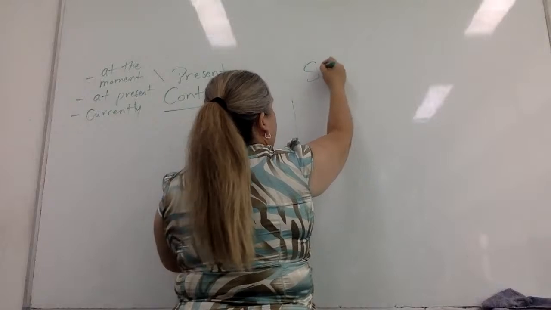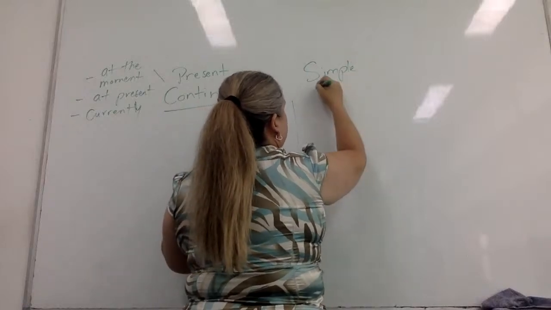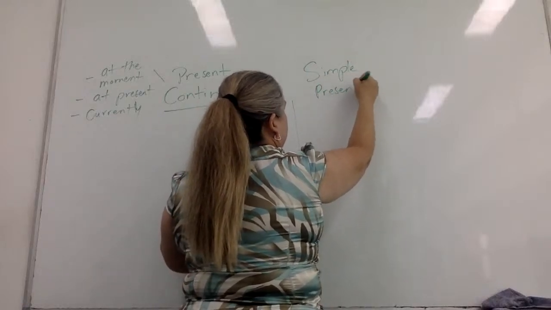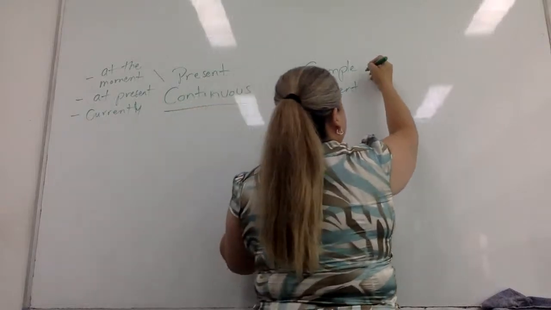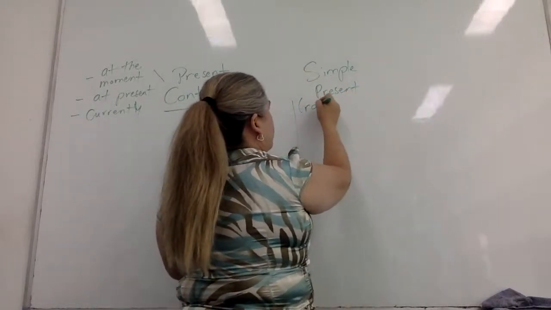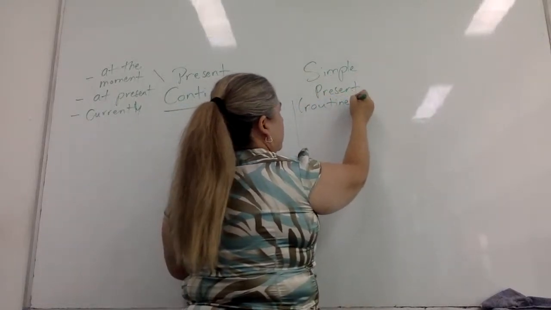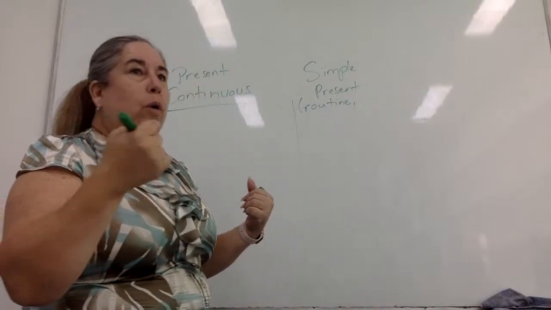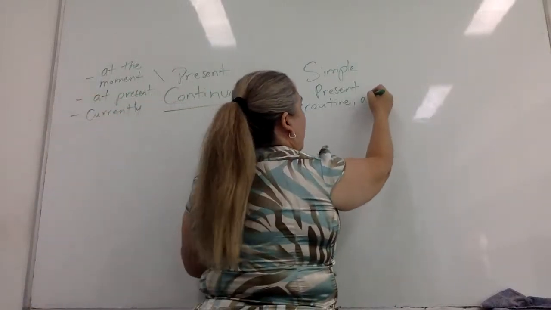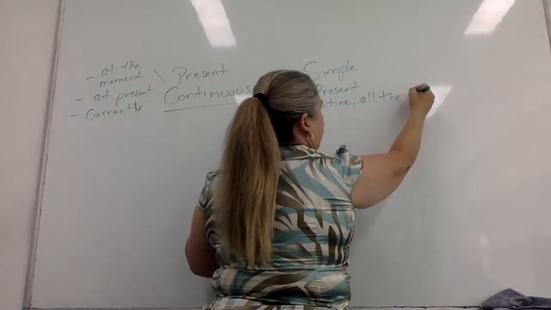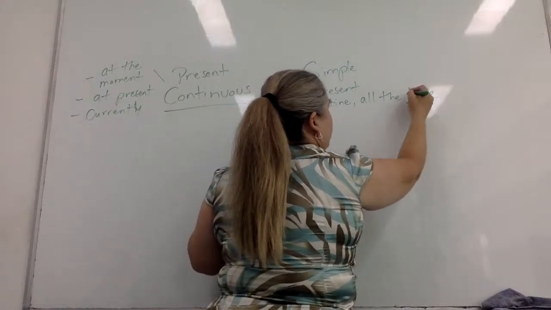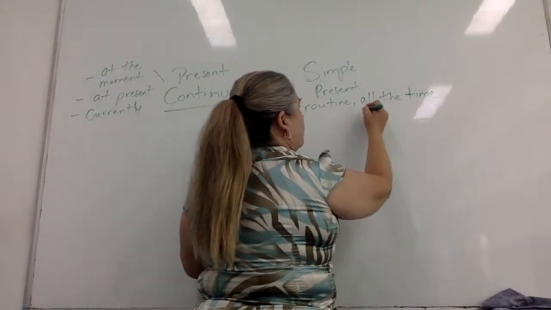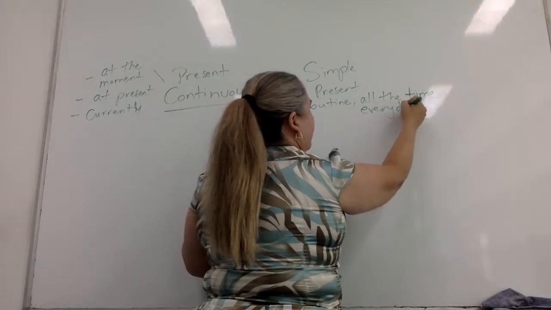And we have our simple present. So, what is it? So we said it's for routine. Yes. It's what we do all the time. And when we say all the time, we mean every day.